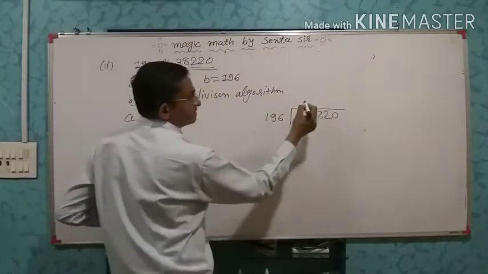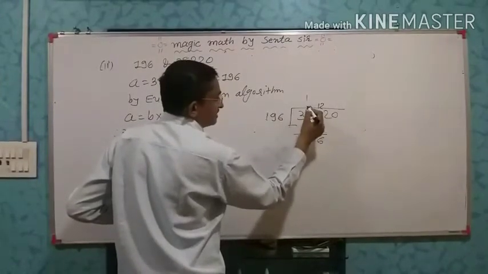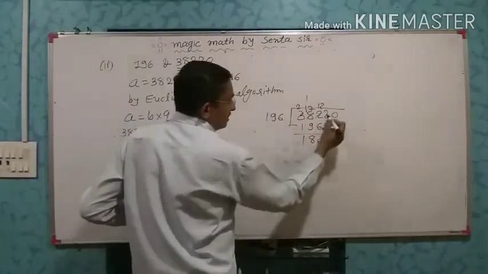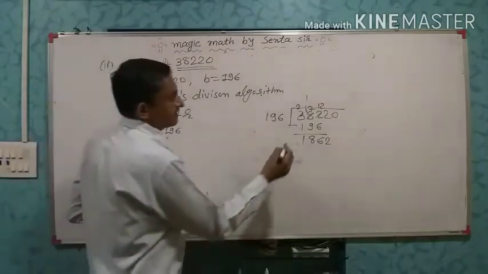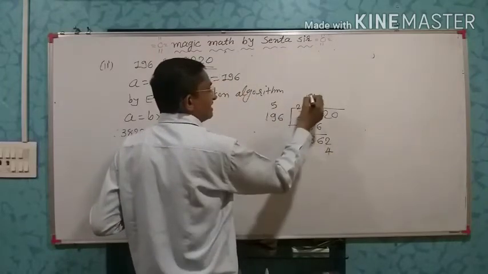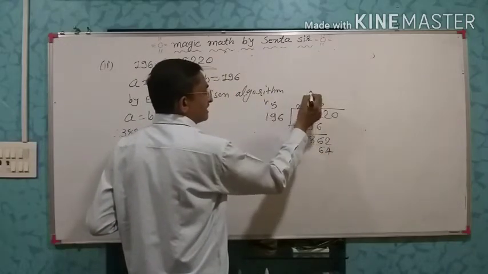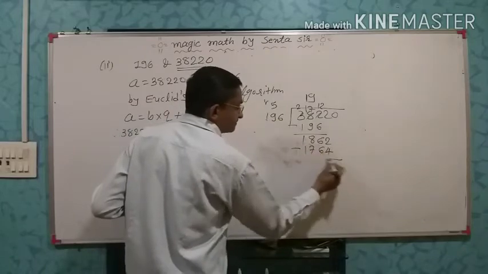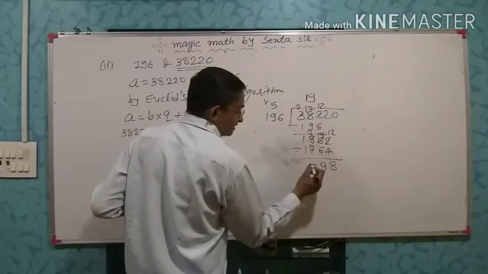196 ones are 196. 12 minus 6, 6, 7, 17, 17 minus 9, 8, 2, 2 minus 1, 1, 2. 196, 9s are 6 9s are 54, 5 carry, 9 9s are 81, 81 plus 5 86, 8 carry, 1 9s are 9, 9 plus 8, 17, 12 minus 4, 8, 5 is 15, 15 minus 6, 9, 7 minus 7, 0.